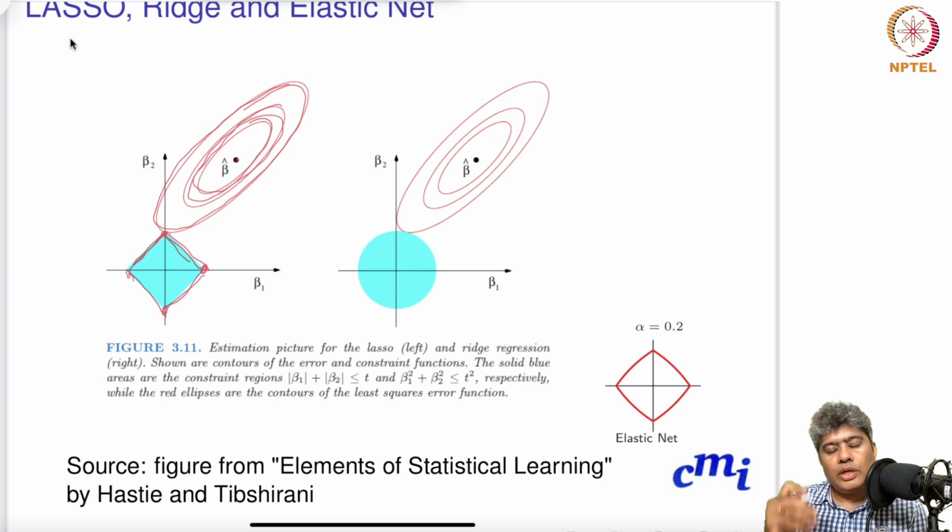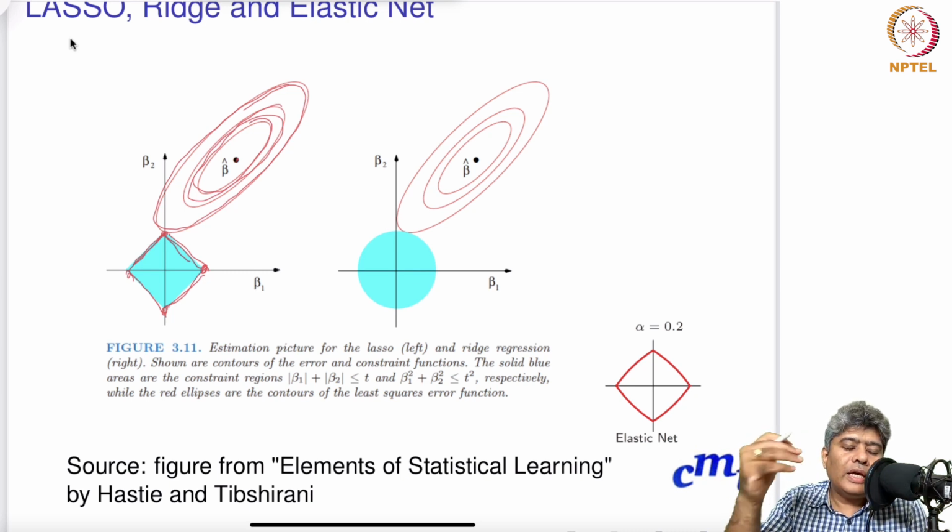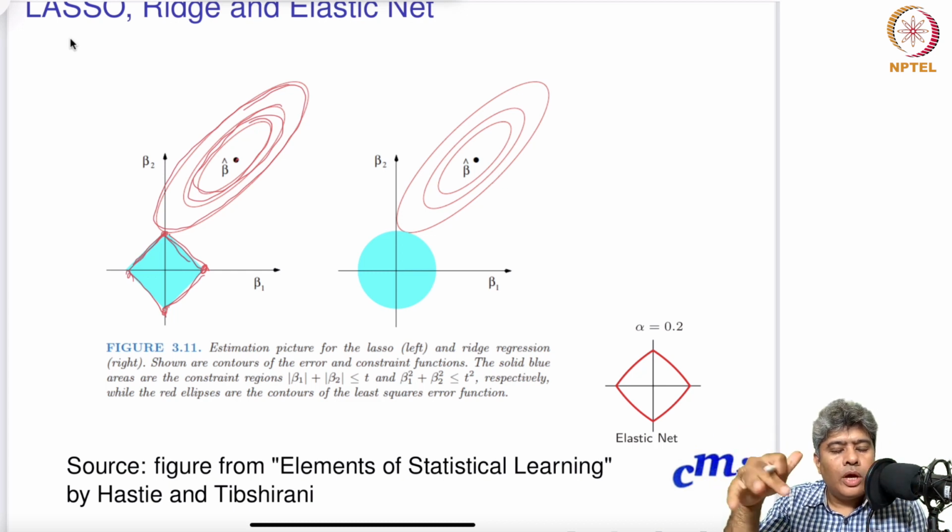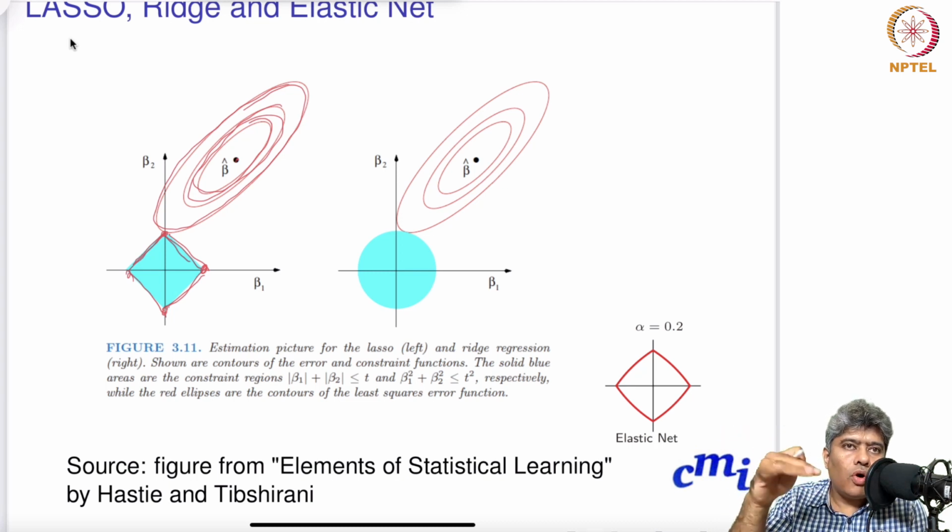In Bayesian interpretation, what happens in classical statistics, we do all inference using the sampling distribution. In Bayesian inference, we do all the inference using the posterior distribution.